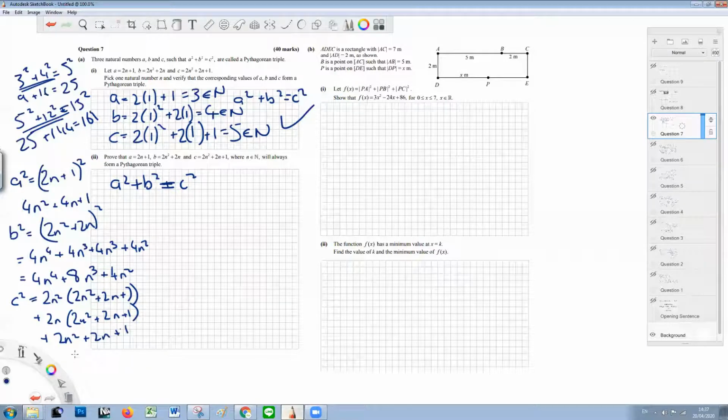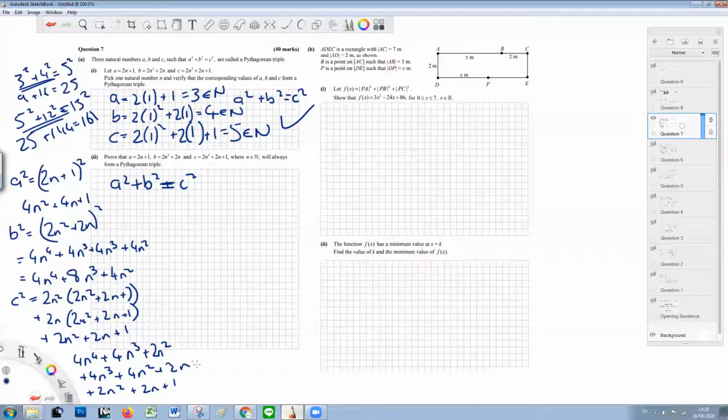So that's going to be 4n to the power of 4 plus 4n cubed plus 2n squared, plus 4n cubed plus 4n squared plus 2n, plus 2n squared plus 2n plus 1.